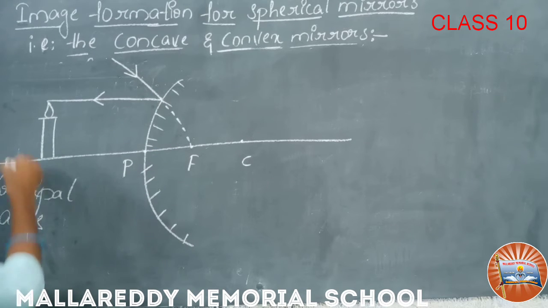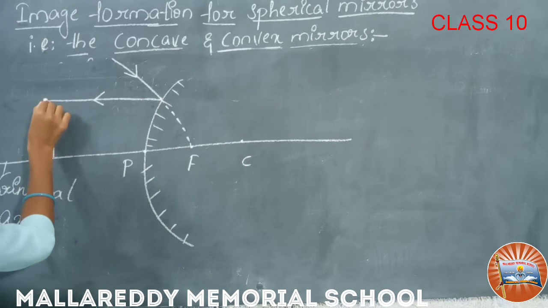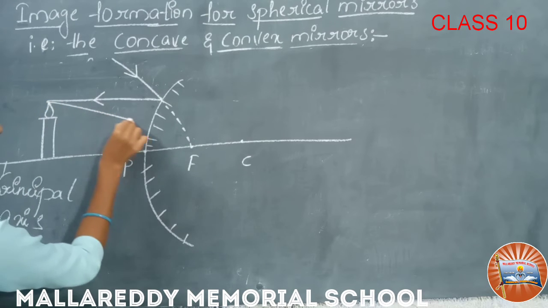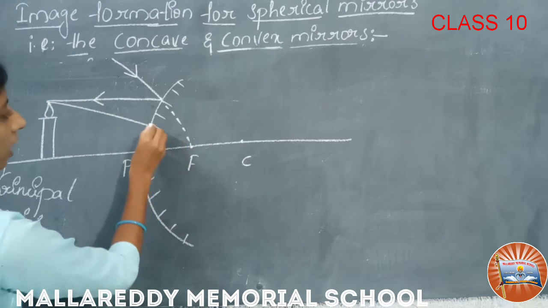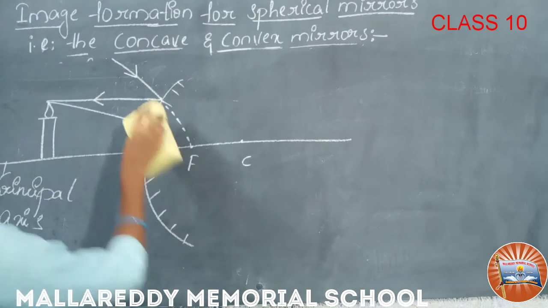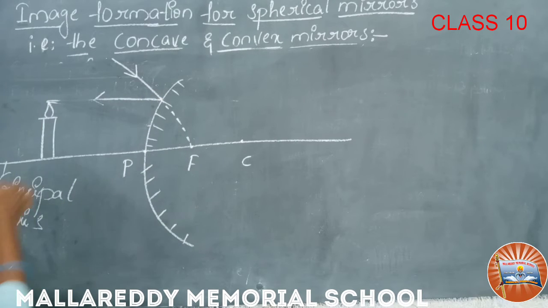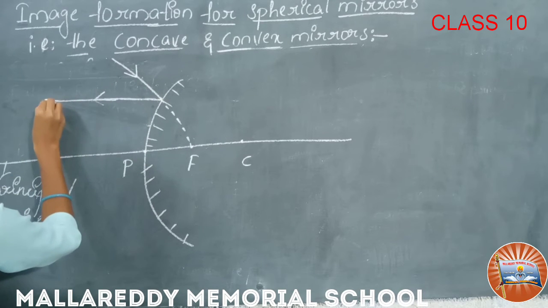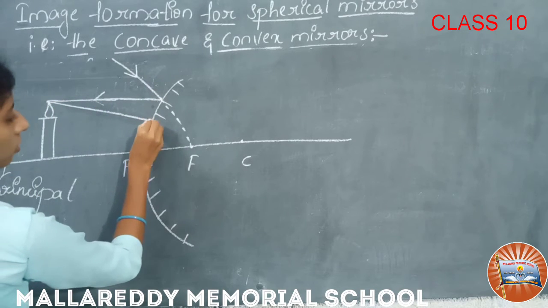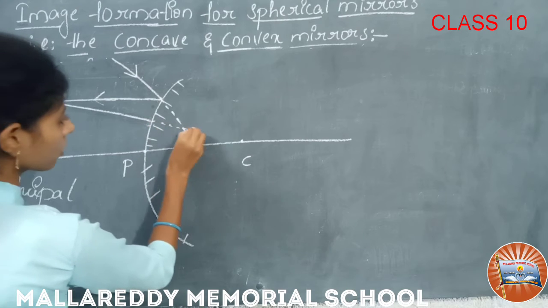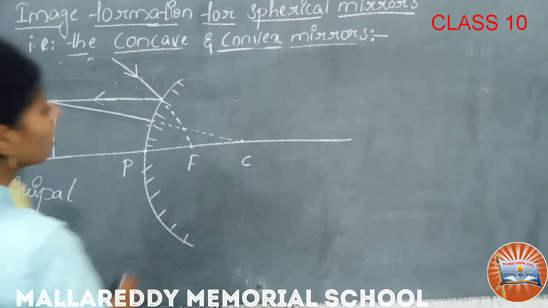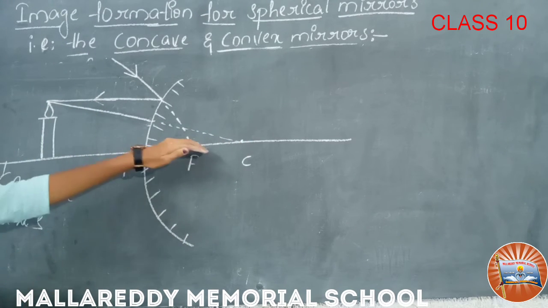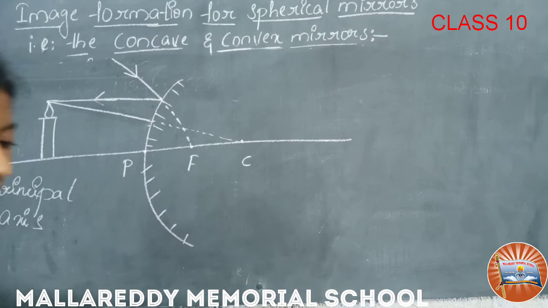Now see the second rule. We know when the ray passes through the center of curvature, it is reflected back along the same path, right.